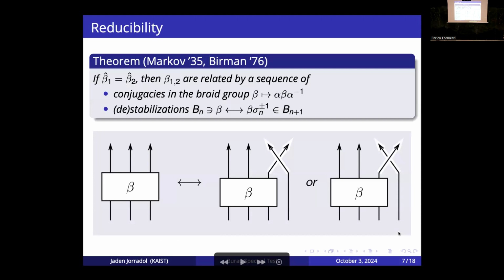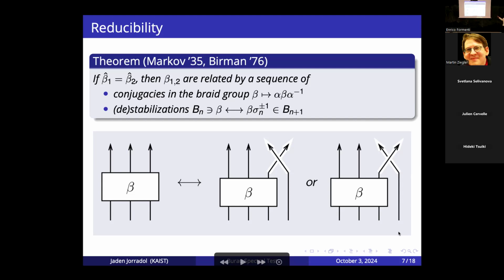Okay, so for the conditions of the braid, the first one is reducibility, where the theorem says that the closures of the braids are related if and only if there are three moves that can be done that relate the two braids together. The first move is the conjugacy. So you do the first move and then you undo the first move that you've done.